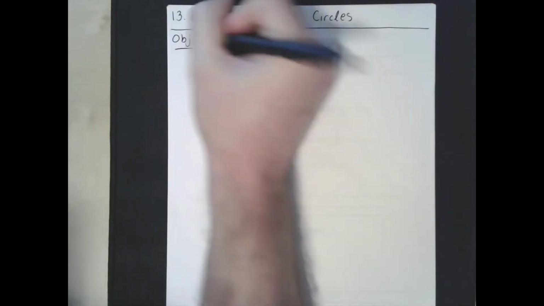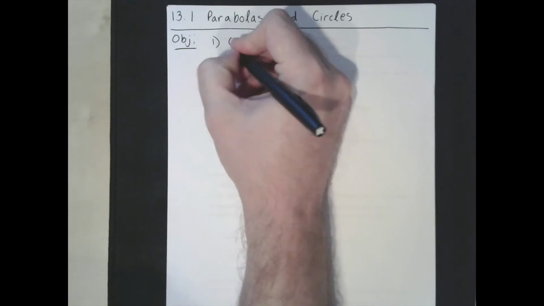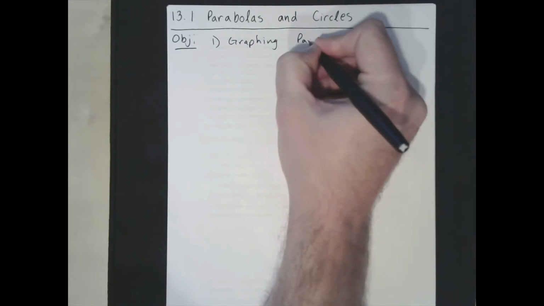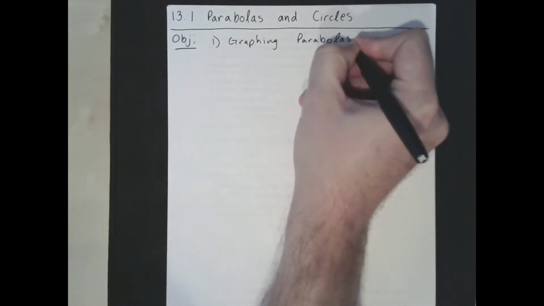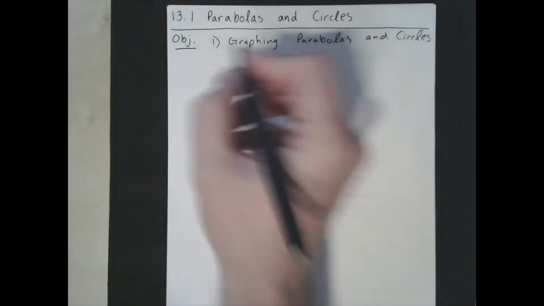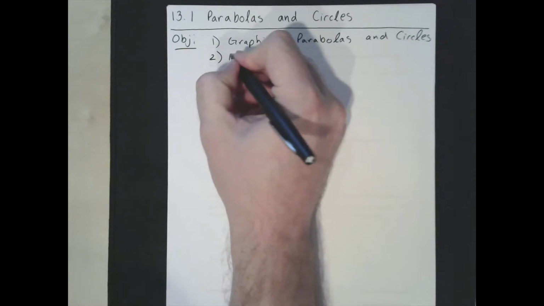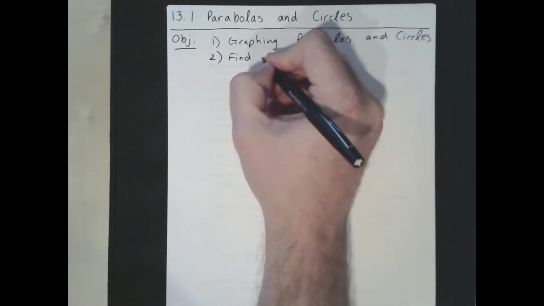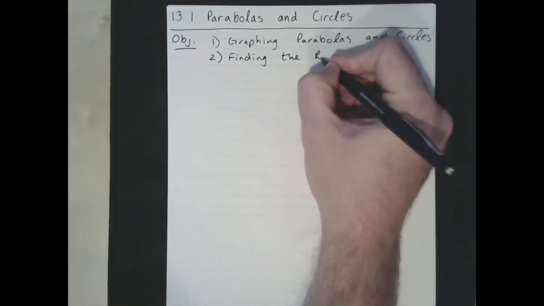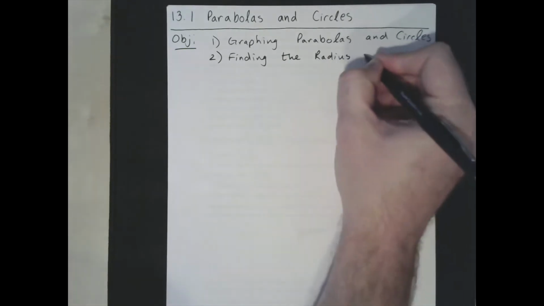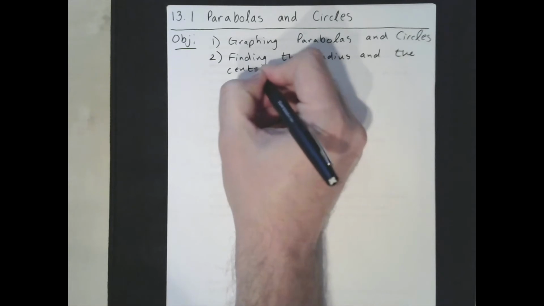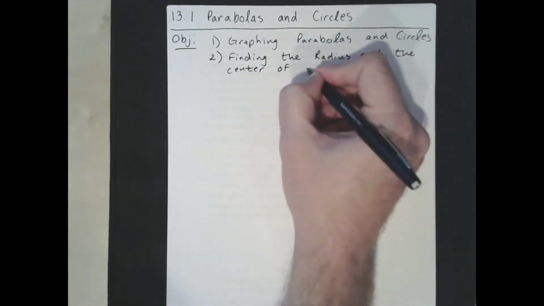So we have three things to talk about here. One is graphing parabolas and circles. Number two is finding the radius and the center of a circle.